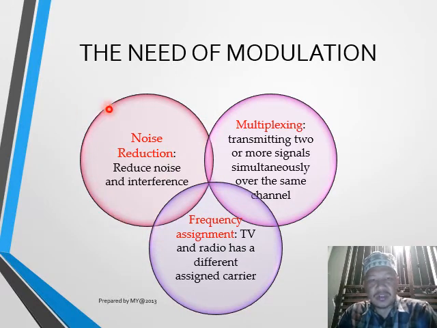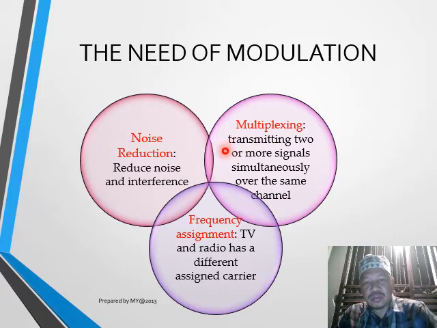Noise rejection: the modulation process will reduce noise and interference. Multiplexing: the modulation process will help in transmitting two or more signals simultaneously over the same channel. So that is why the signal needs to be modulated.